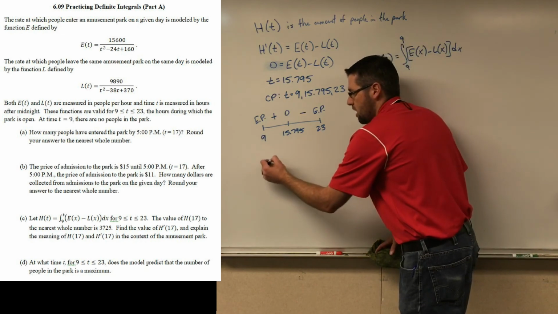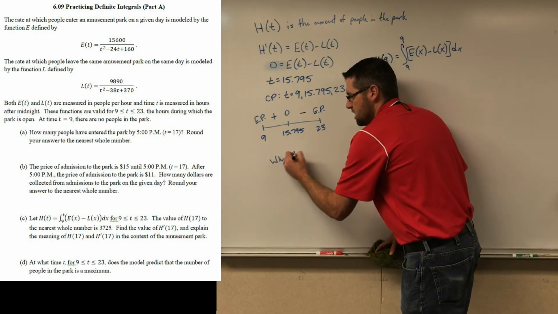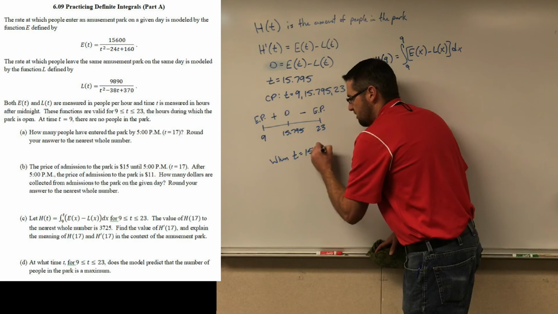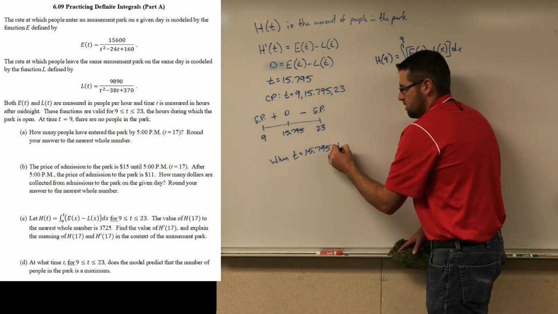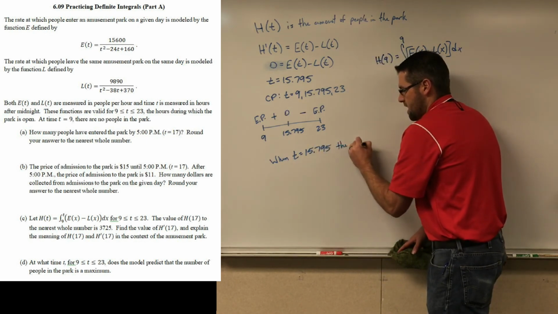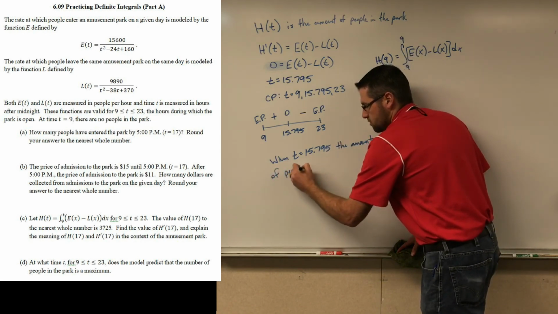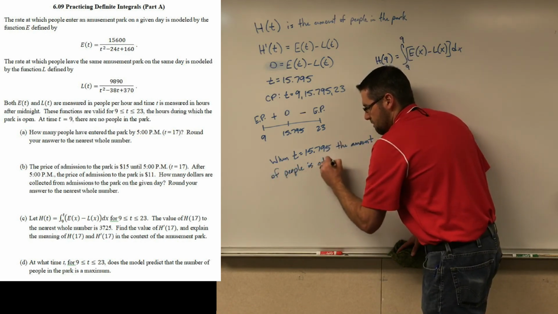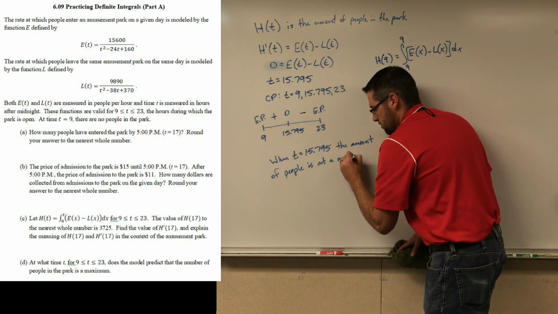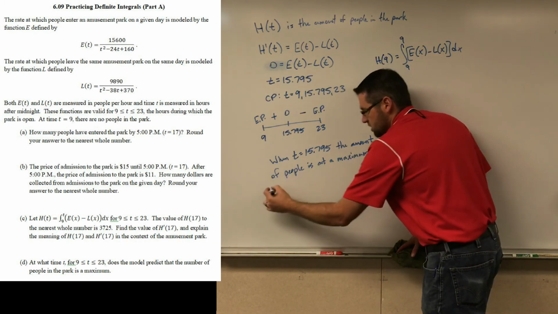So you'd say when t equals 15.795, the amount of people is at a maximum. What's the justification?